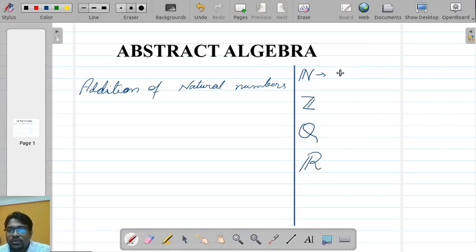This symbol N stands for the set of natural numbers. What are the natural numbers? The numbers which we use for counting: 1, 2, 3, 4, 5, 6, and so on.